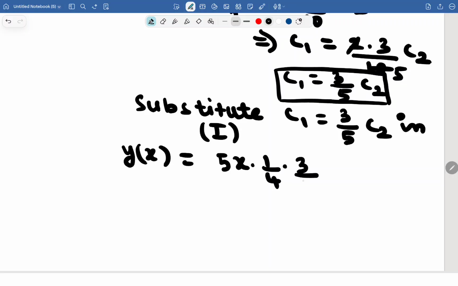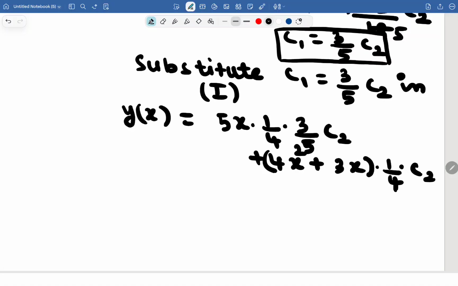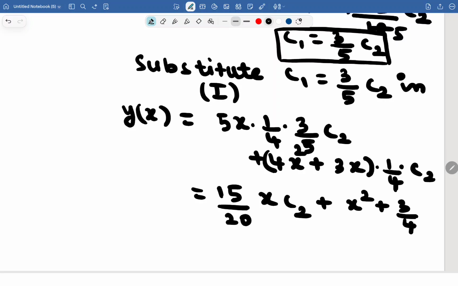What is C1? 3 by 5 C2 plus 4x square plus 3x, lambda is 1 by 4, into C2. 15 by 20 into x C2 plus 4x square by 4, it becomes x square plus 3 by 4 into x into C2.